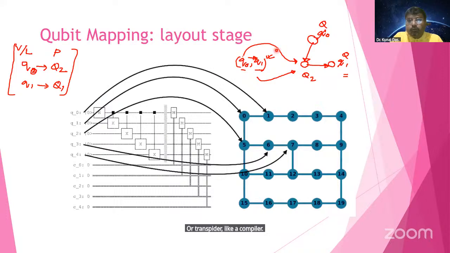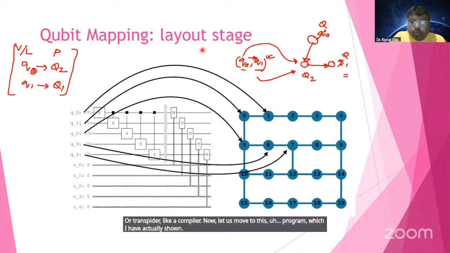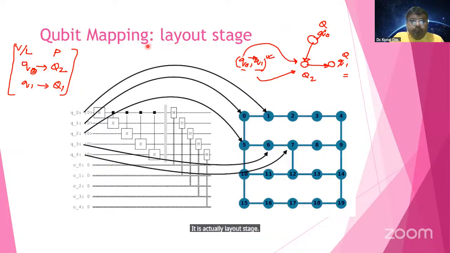Now let us move to the program which I have shown. It is actually the layout stage. Here you can see Q0, Q1, Q2, Q3, Q4. These are all logical qubits. So this is a 5-qubit program.